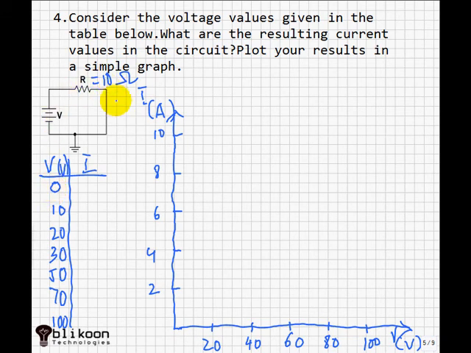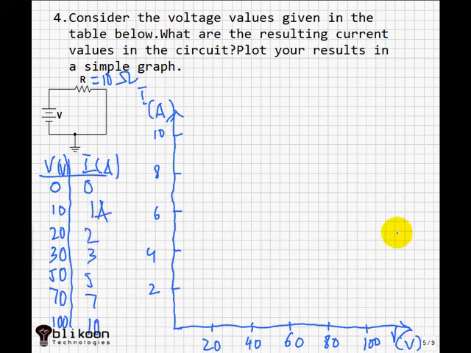Resistance equals 10 ohms. So 0 divided by 10 equals 0 amps. Current is expressed in amps here. We get to 10 volts divided by 10 ohms, we get 1 amp, and we keep doing this.